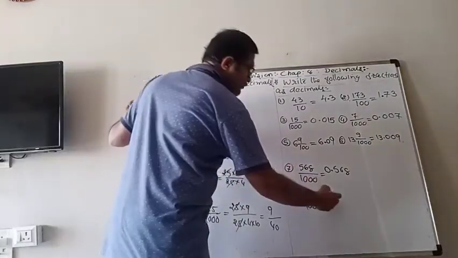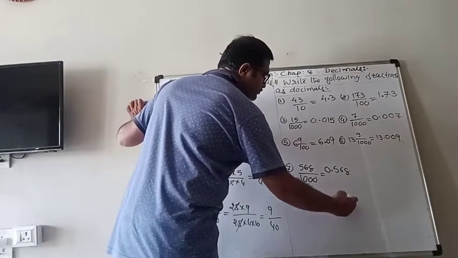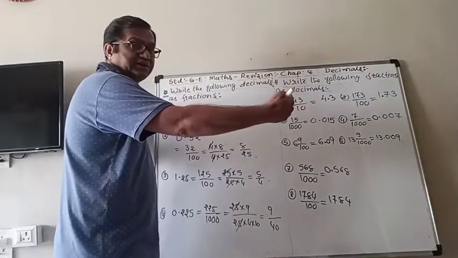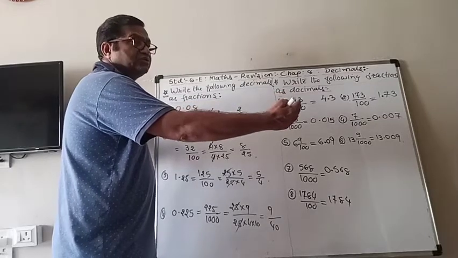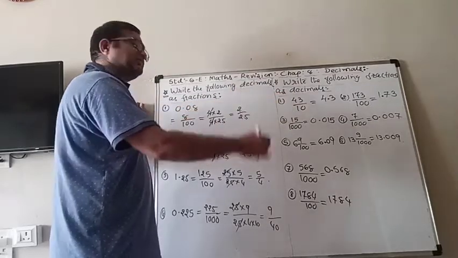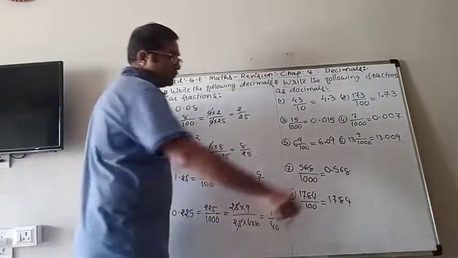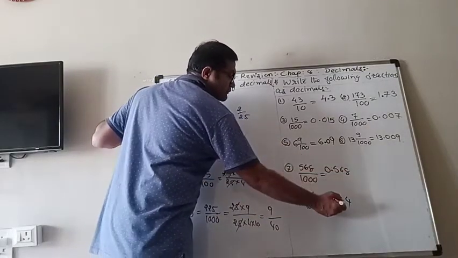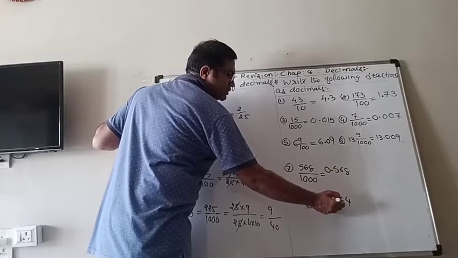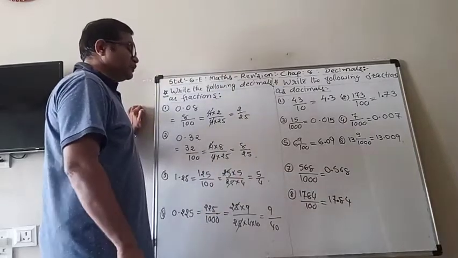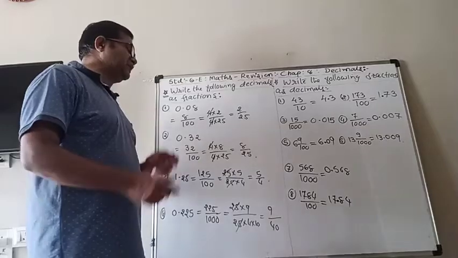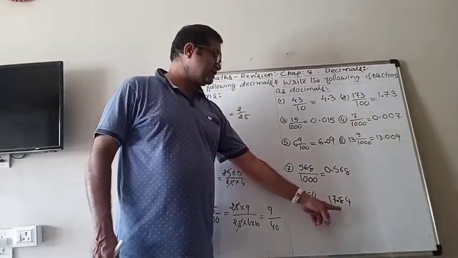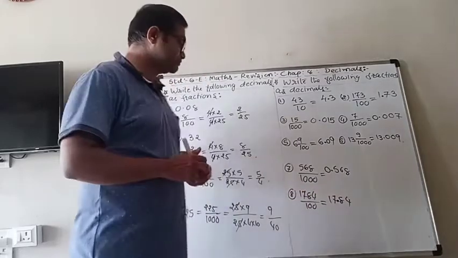So here 1784, we need 2 decimals. It means from the right side we need to keep 2 places and then you put a dot. So from here we count 1 and 2. So 4 and 8. So before 8 we need to put the decimal point. So 1784 upon 100 can be written as 17.84.